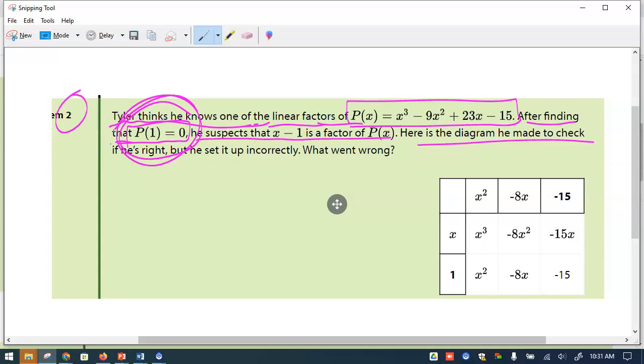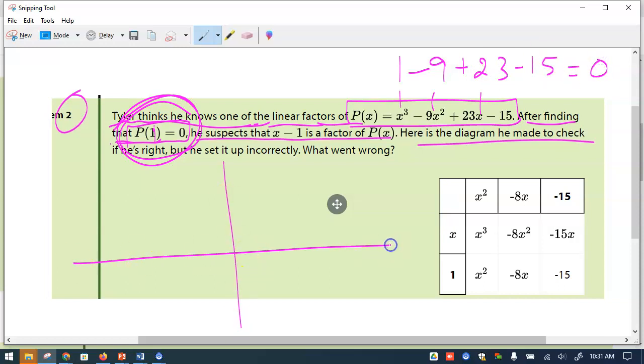It means when you plug in 1, what you get here is 1 minus 9 plus 23 minus 15. We check, and you get 0. That means the graph crosses at 1 here. Of course, with minus 15, it has to go something like this. I'm just trying to guess that it goes through 1, and because there's minus 15, I'm going to put it like this.